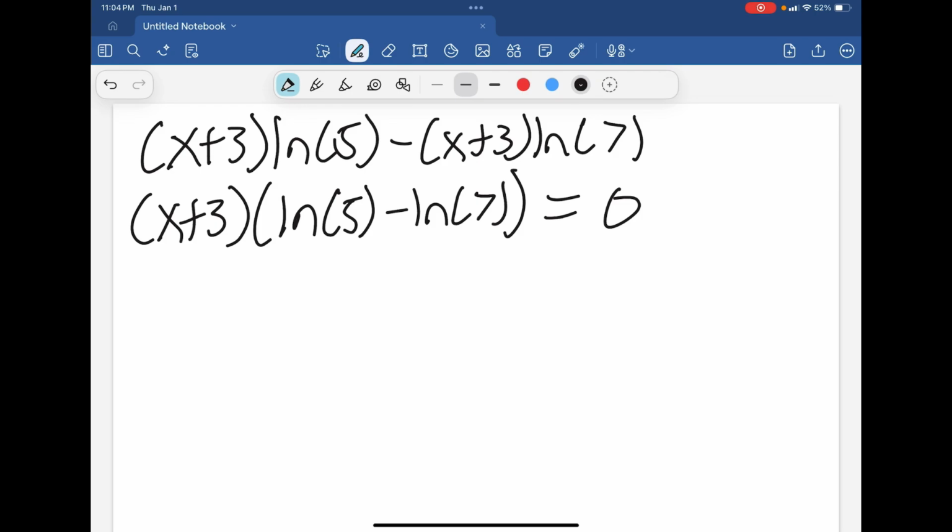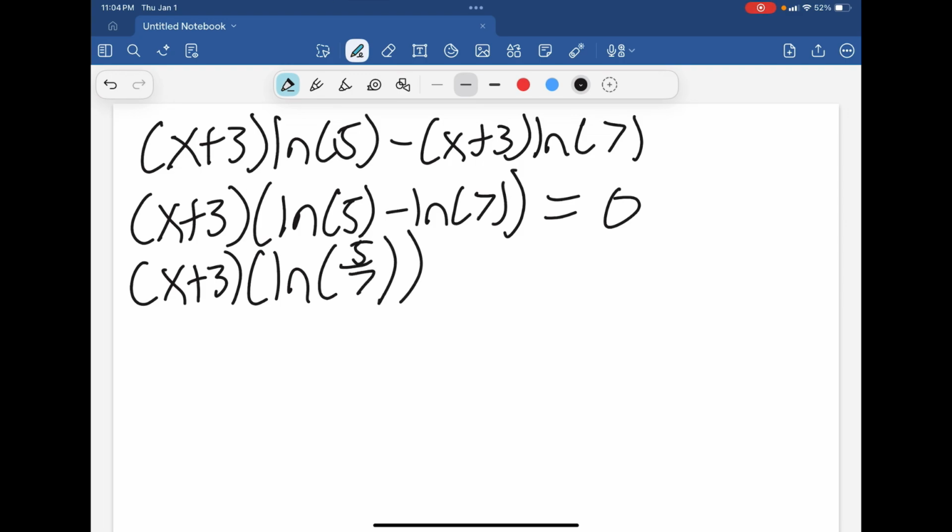Knowing our logarithm rules, we can actually condense these two logs right here, because whenever you have two logarithms subtracting each other, it is the same thing as division. So we are going to change this to (x plus 3) times ln of 5/7 equals 0.